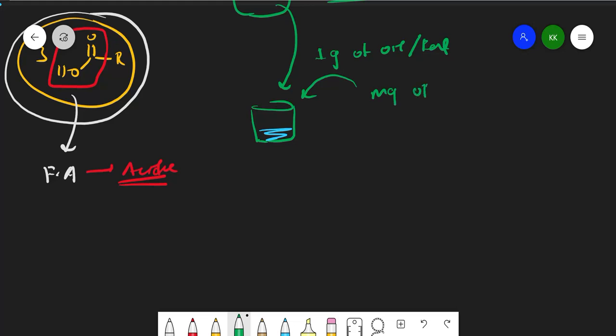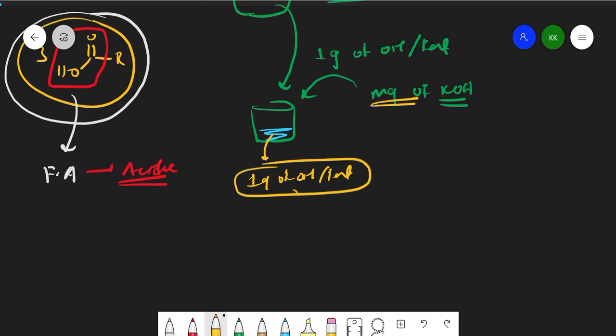If it takes a larger amount of KOH to neutralize this 1 gram of oil or fat, it means this 1 gram of oil or fat contains more fatty acid, right?